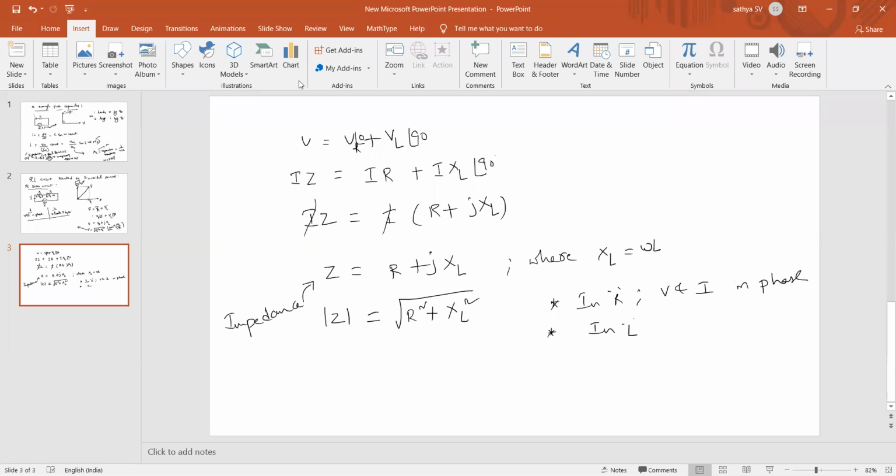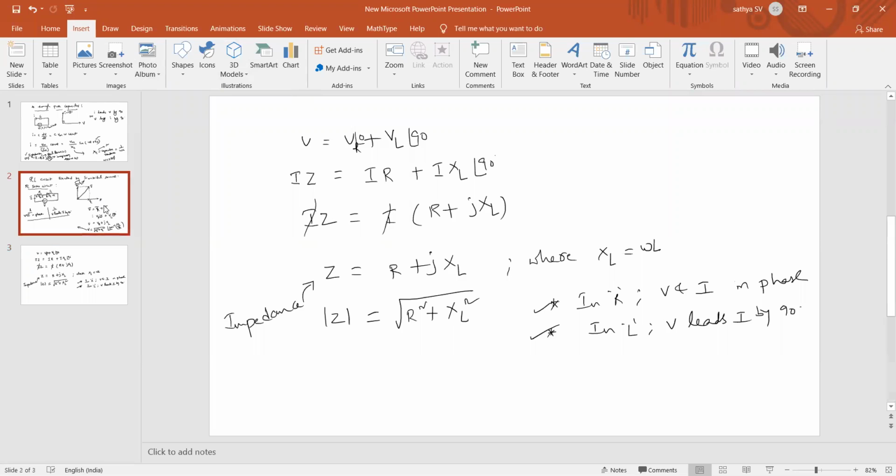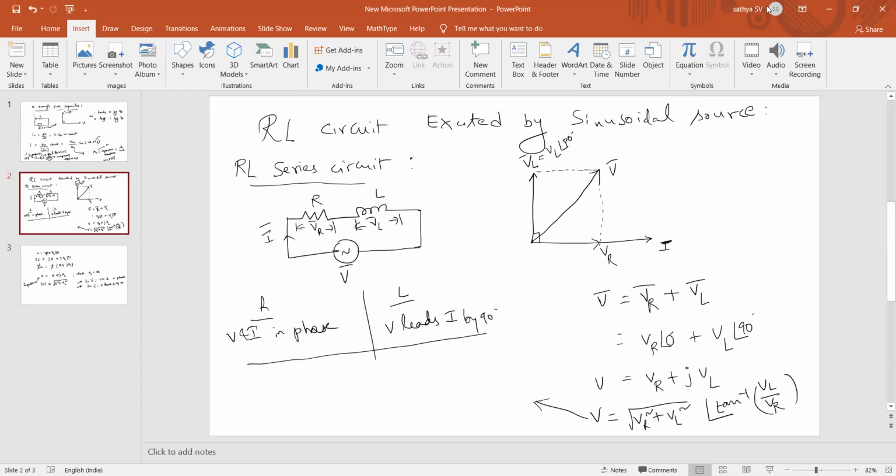And in the case of an inductor, V leads I by 90 degrees. Clear, understand now? These two points are very important to draw the phasor diagram for the series RL circuit. Understand? Just to check once, I will revise it.